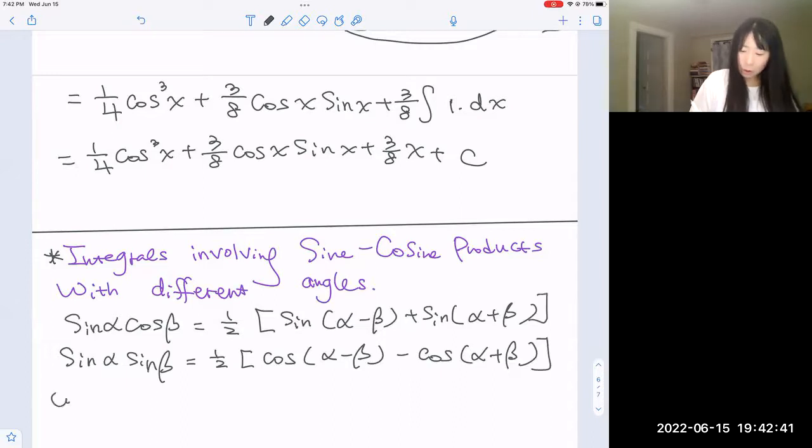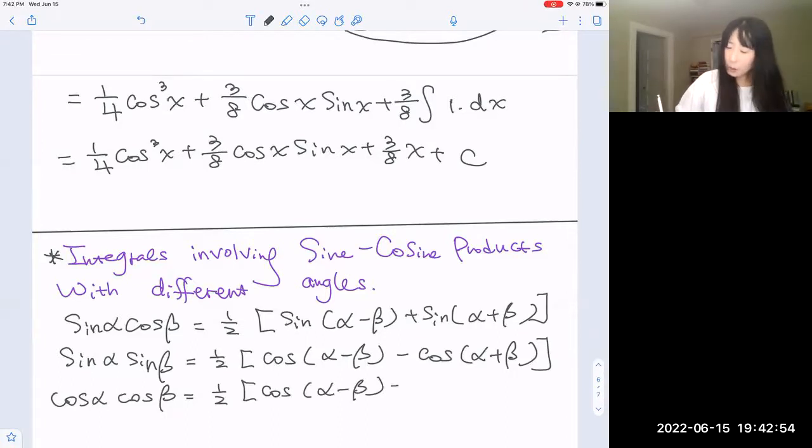Another one, cosine alpha cosine beta equals 1/2 of cosine alpha minus beta plus cosine alpha plus beta.